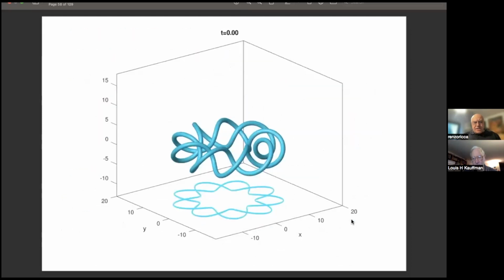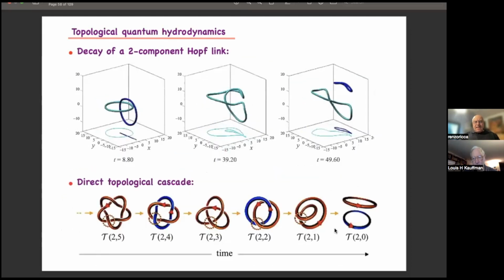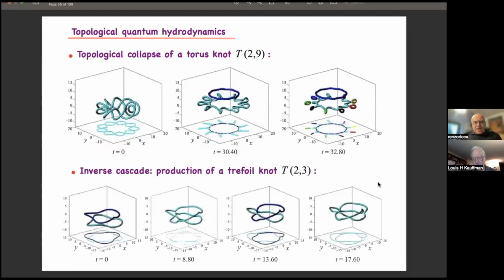Now let me go back to the slide, and you see we start from two disjoint unknotted, unlinked loops, and then a formation of a single loop, then the Hopf link, and then the trefoil knot. So we could prove the dream of Kelvin, that indeed this is realizable.